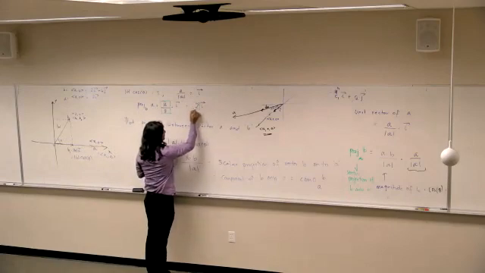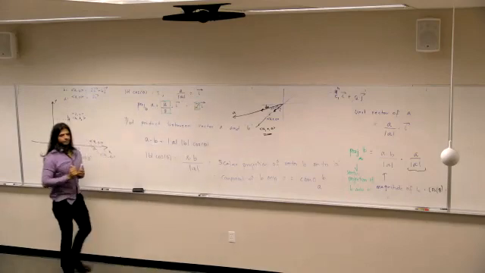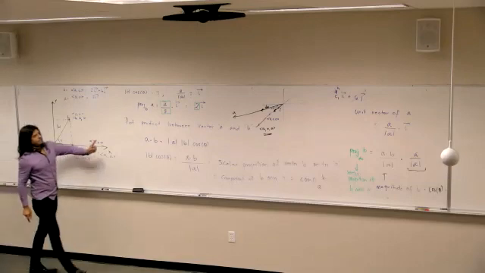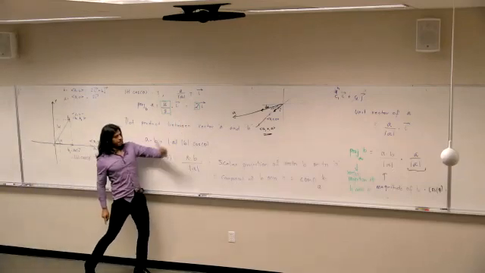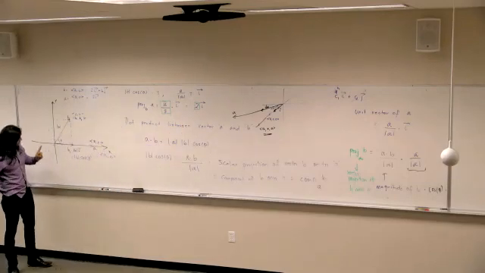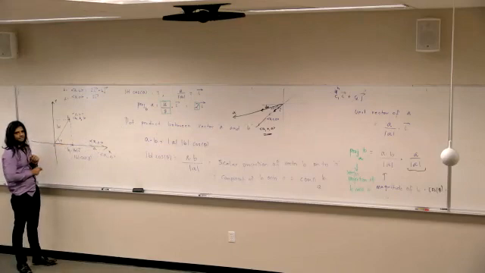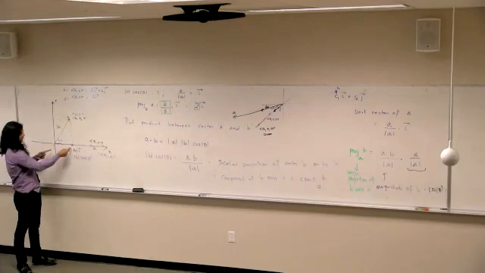Following so far? 2i vector is nothing but this vector right here, one and the same. This is 2, 0.